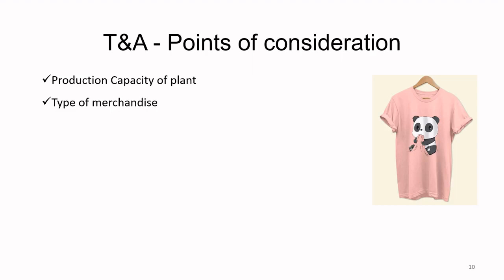So the embroidery person may be different and the printing person is different. So the t-shirt may be traveling 20 kilometers from the factory to another place for printing, and then from there it will go to the embroiderer's place, which may be another 40 kilometers. And then again it has to come back to the factory. So the type of merchandise also would have to be considered.